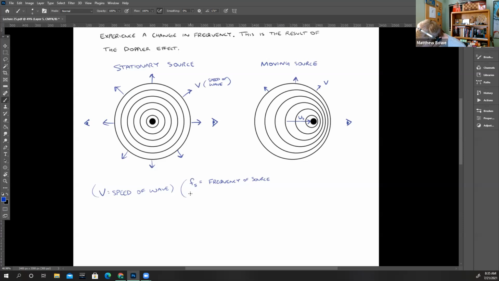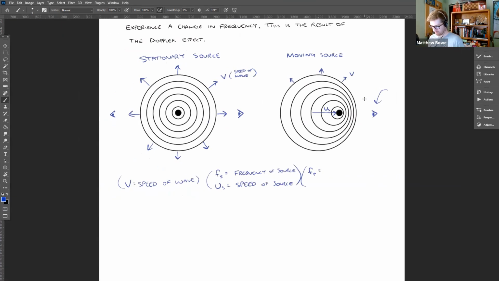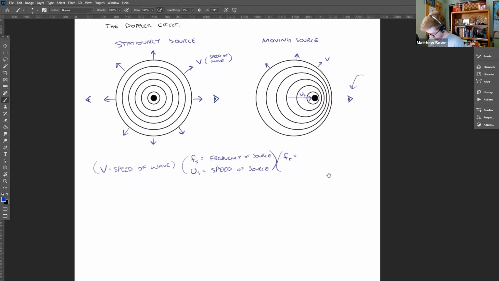We have U of S, that's the velocity of the source or speed of the source. And we have F of R, which is frequency of the receiver, so this observer over here.